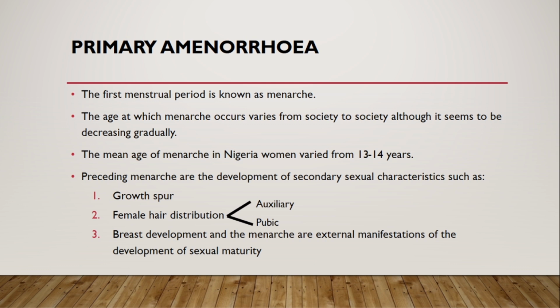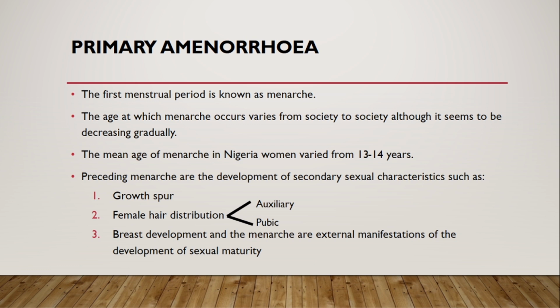Preceding menarche is the development of secondary sexual characteristics, such as the growth spurt, the female hair distribution, the axillary and then the pubic hair development.